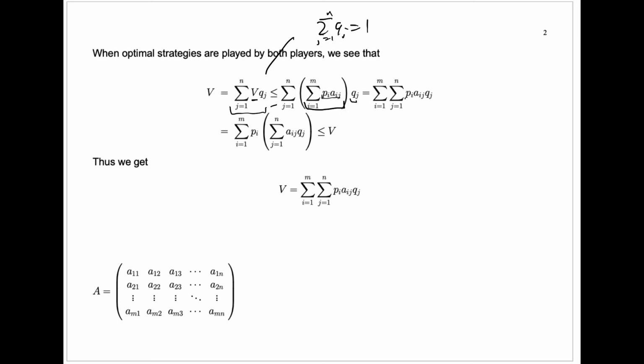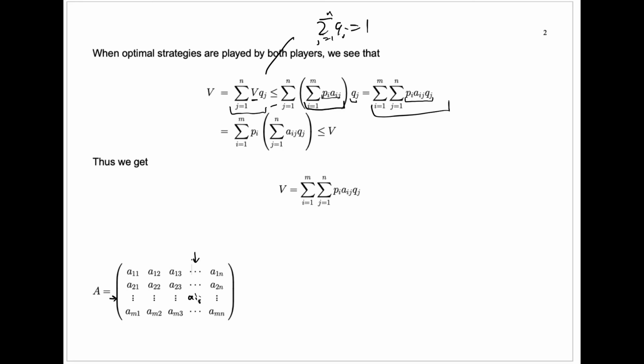Now, this thing represents something very simple in the matrix. Look at every entry of the matrix, all possible i and j, i going from 1 to m and j going from 1 to n. Say somewhere in the middle you have a sub ij in row i, column j. We're multiplying a sub ij by p sub i and q sub j. p sub i is the probability that player 1 plays row i, and q sub j is the probability that player 2 plays column j.